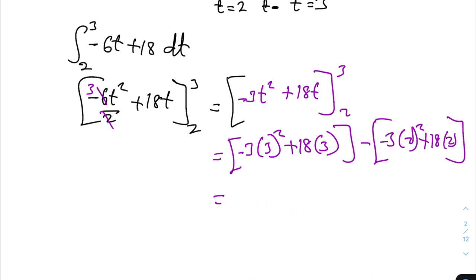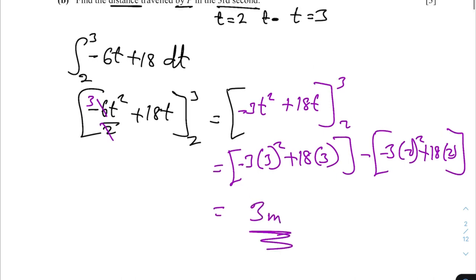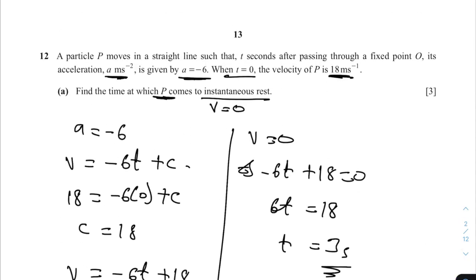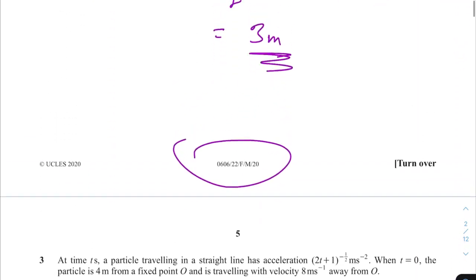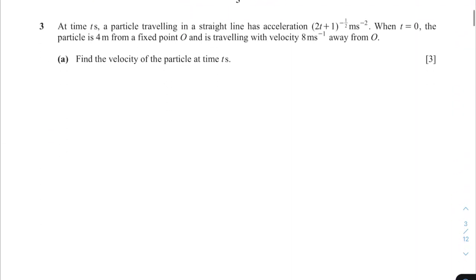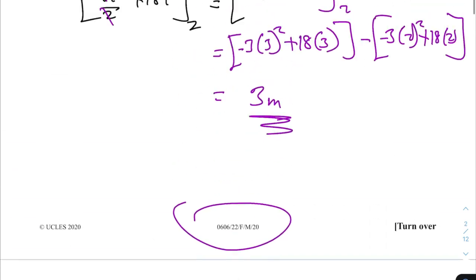So I'm integrating negative 6t plus 18 from 2 to 3, and that will give me 3 meters. Is the distance in meters though? Yes, since the speed is in meters per second, the distance is in meters.